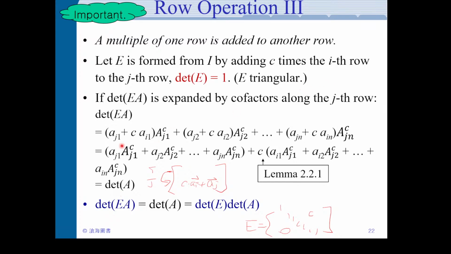We are going to prove this three times for the three elementary matrices. So we have the determinant of an elementary matrix multiplying on matrix A equal to the determinant of the elementary matrix multiplying the determinant of A.